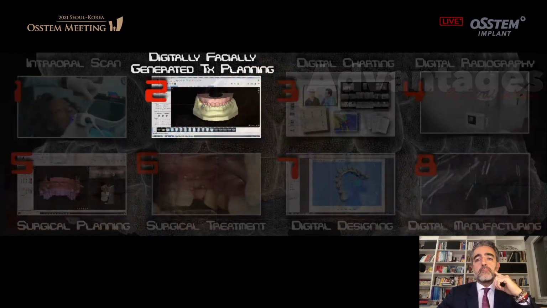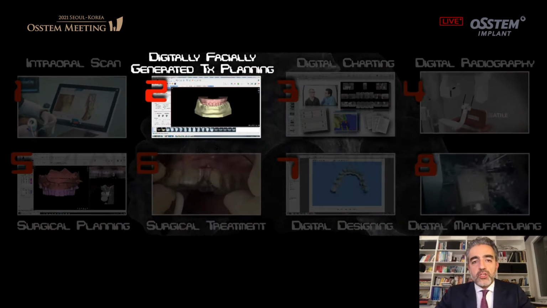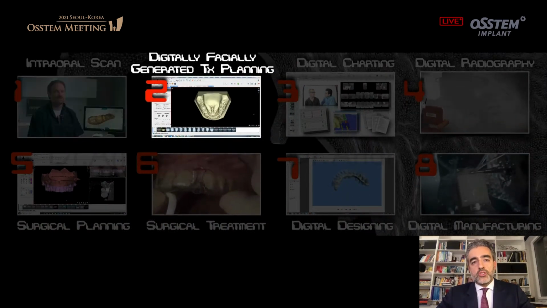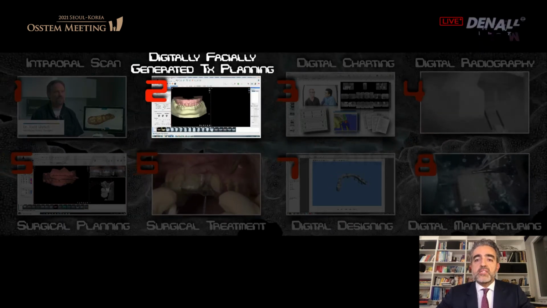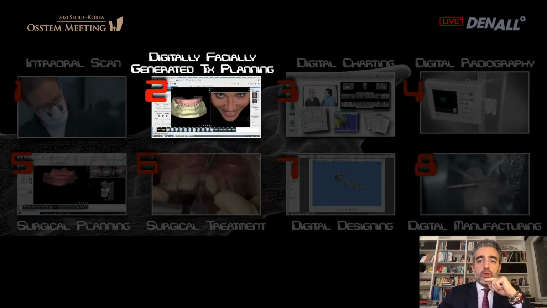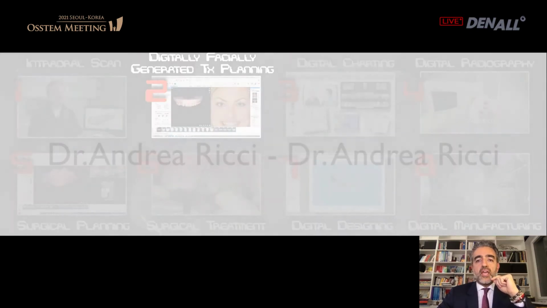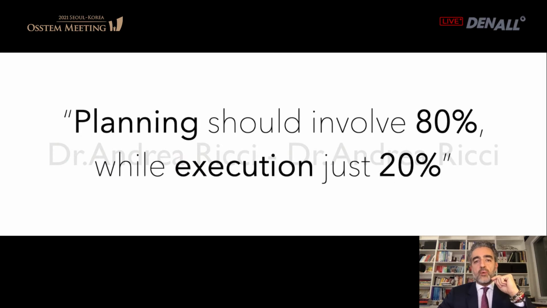Another field is when we want to digitally and facially generate the treatment planning. This is a topic that is very important for me, because I truly believe that the planning should involve 80% of our time, while the execution should be just 20%.